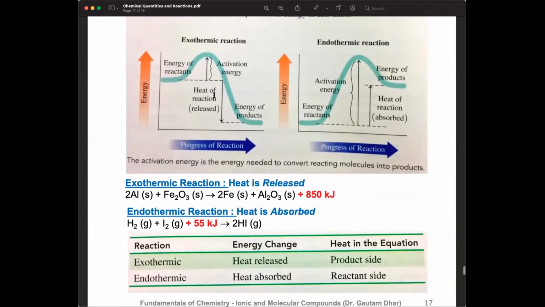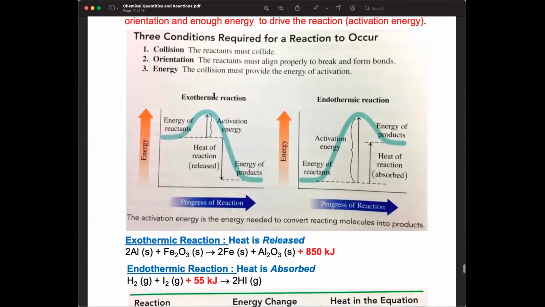Now, if you look at this reaction here, the 2 situations we discussed. In the first graph, you can see the reactant is at higher energy than the product. So when the product is formed, the product being at lower energy and the reactant at high energy, there's an excess of energy left over, and that is released.